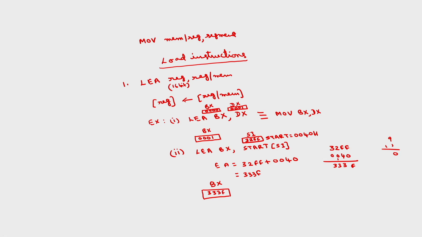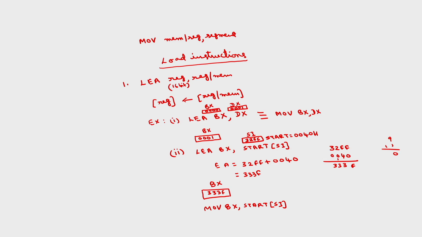Now, the difference between the LEA and MOV will be, suppose if I write MOV BX comma start SI. In this case, what happens is, this will load the contents of the physical address computed from the data segment register.